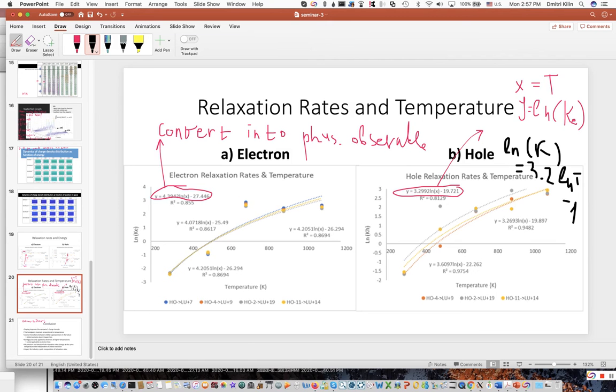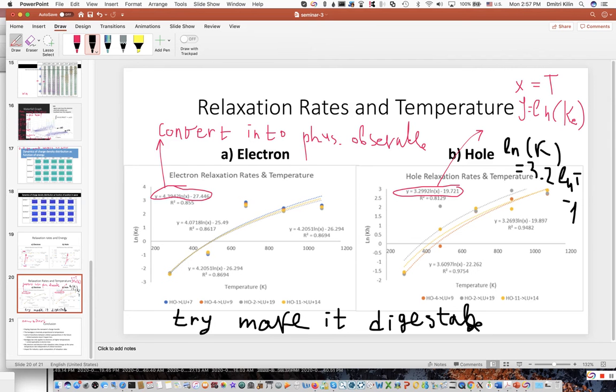Okay, so just writing an equation saying that ln of ke is equal to ln of T times a constant plus another constant. That's what I should be saying. Yes, please. Well, I'm not giving an exact recipe, but try to make it digestible. When you go through slides quickly, no one in the audience will be able to quickly convert your X and Y into the actual physical observables that you keep in mind. All right. Okay, keep going.